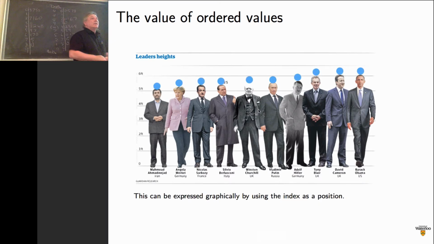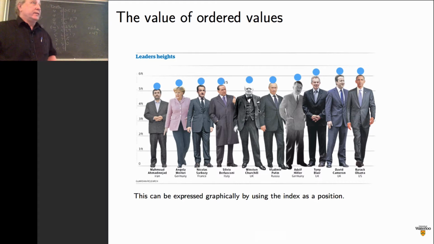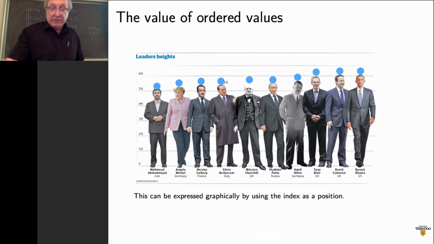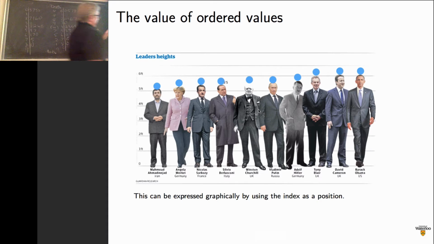We can plot this by just putting a dot at every one of their heights. So think about the graph instead of the people being there, just looking at that plot. That plot should tell us something. What we're doing is taking the height and using the ordered index as the x value. So the y value is going to be the height.